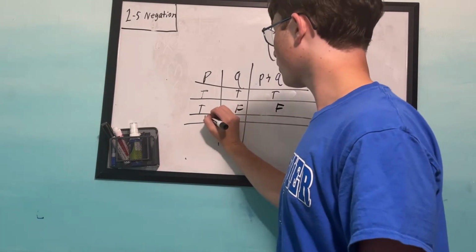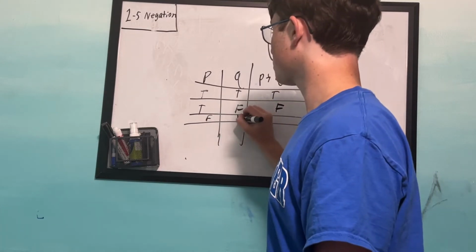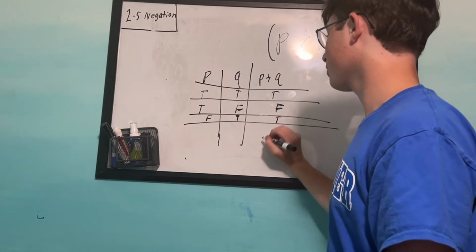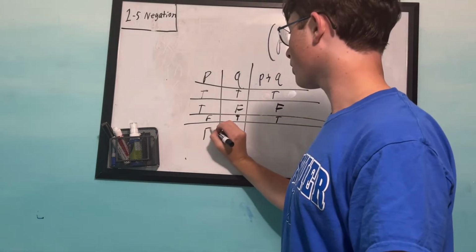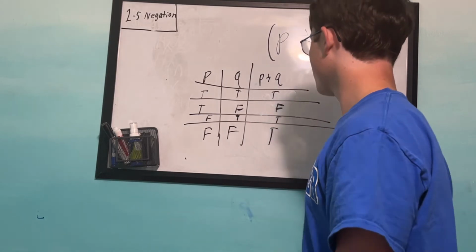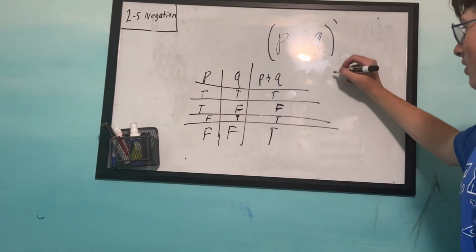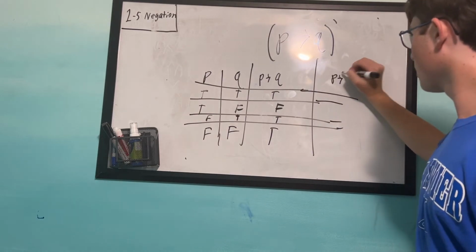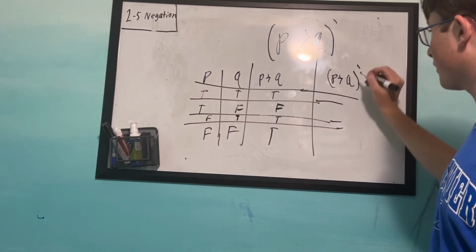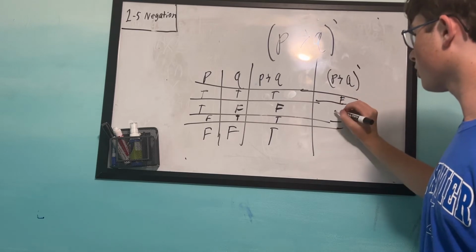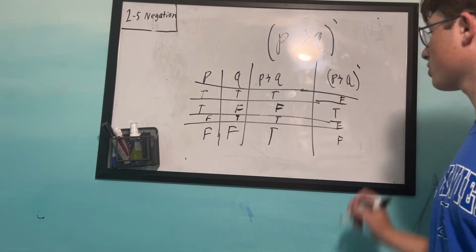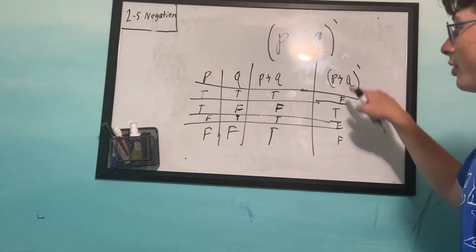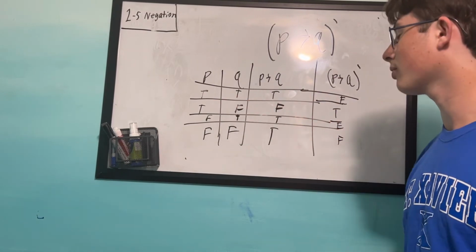If P is false and Q is true, this one was a tricky one, remember, but this one is still true. And P is false, Q is false, this would be true. So if we negate this, we can say that the negation of P then Q would have to be false, true, false, false. And see, it's only true when P is true and Q is false.